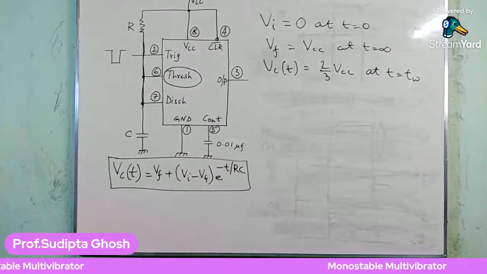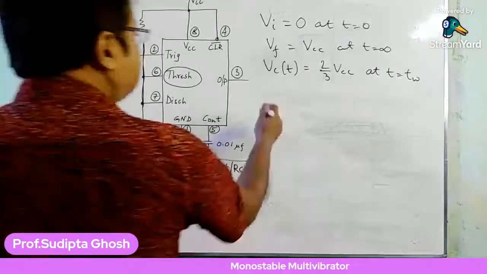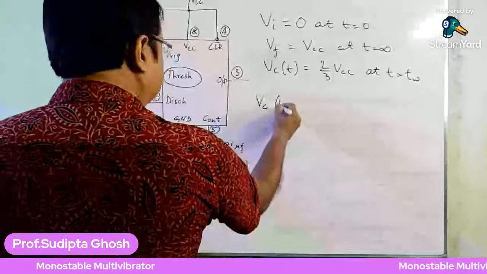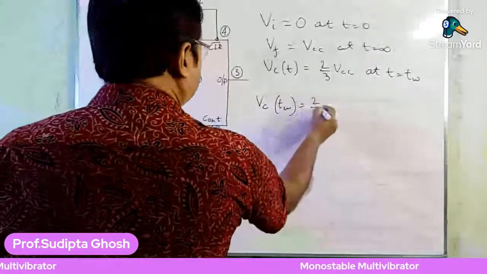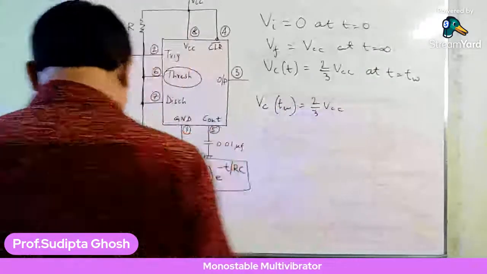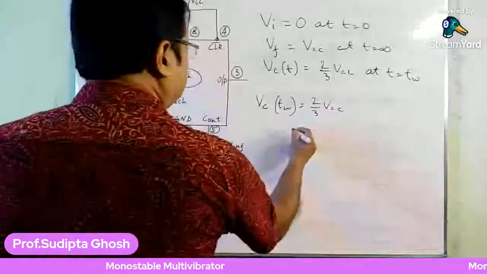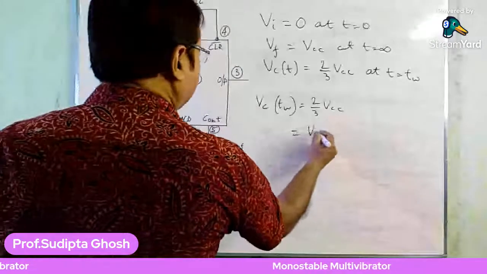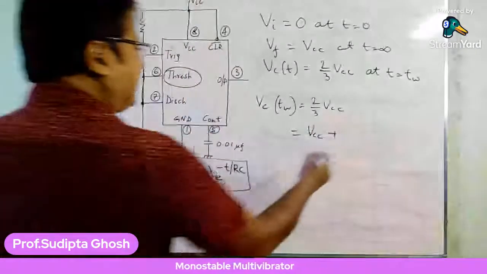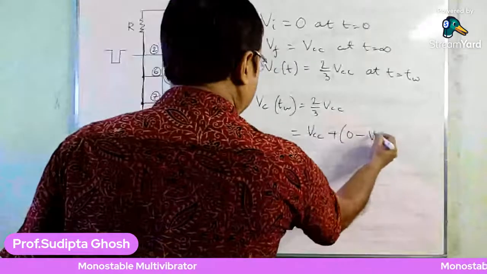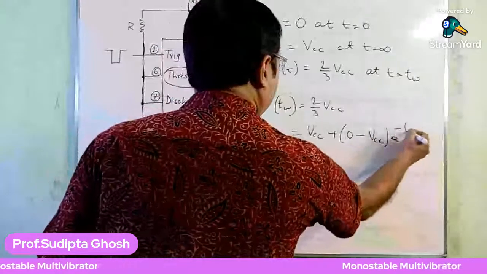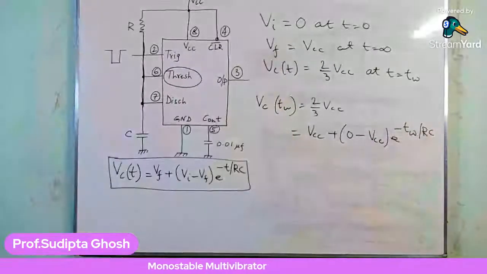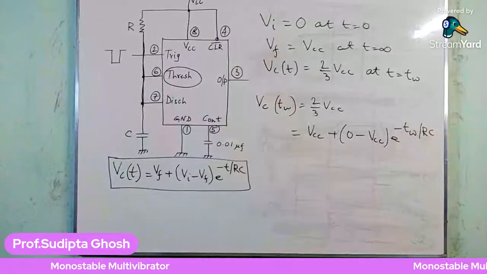So using this expression, VCT, that means VC, and T means TW, and that is 2/3 of VCC. So 2/3 of VCC will equal the final value VF, that is VCC, plus VI, that means 0, minus VF, again VCC, then e to the power minus TW by RC, as the time constant in this circuit is nothing but RC.